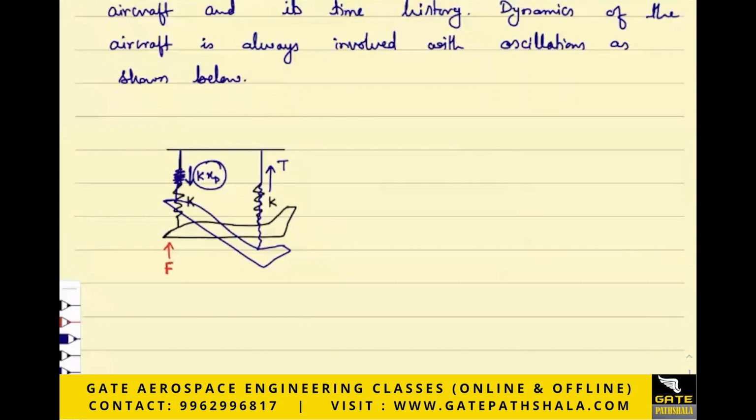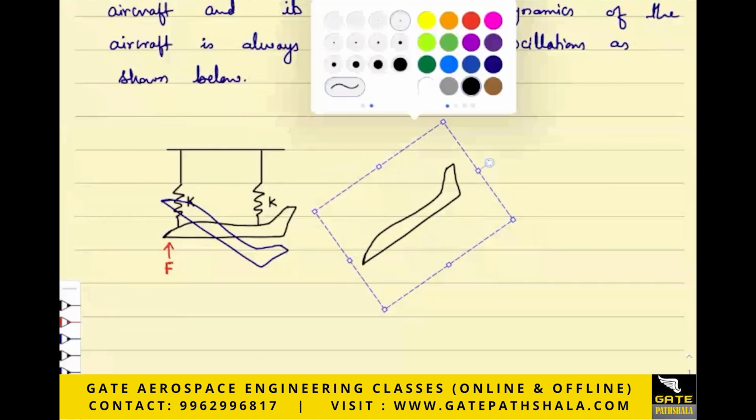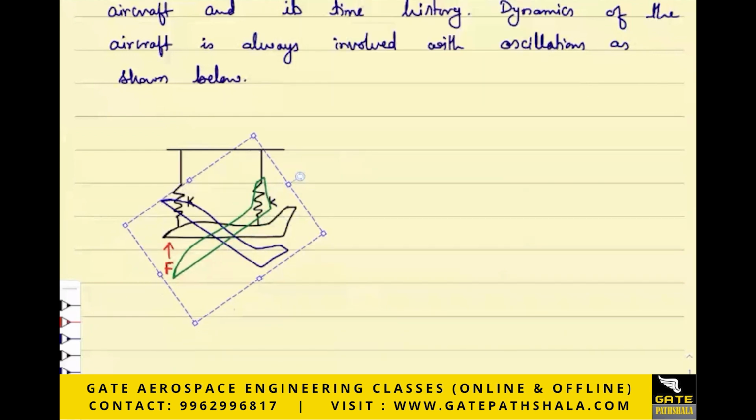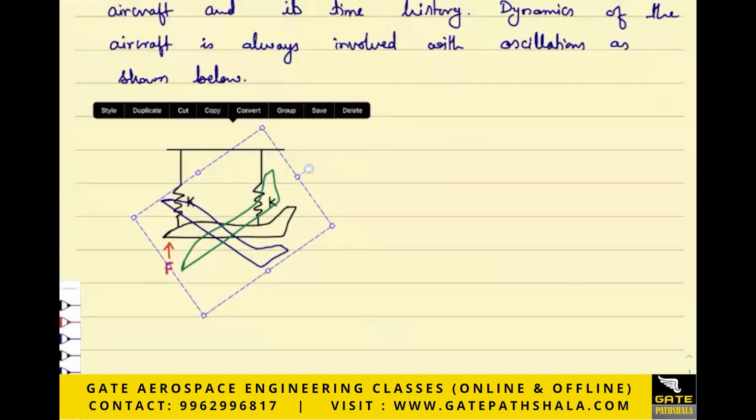K x will make the airplane pitch down. So after a while, this airplane will be seen as a pitch down. Okay, so you'll be seeing this kind of setup of the oscillation.